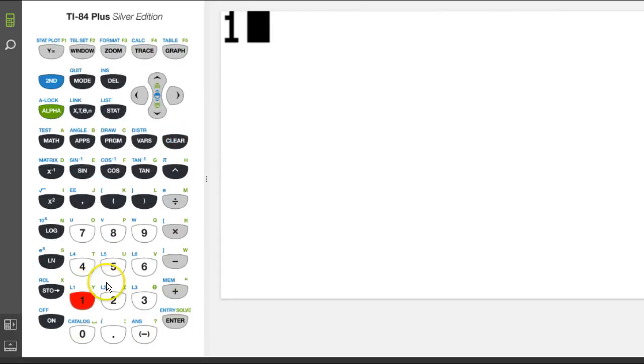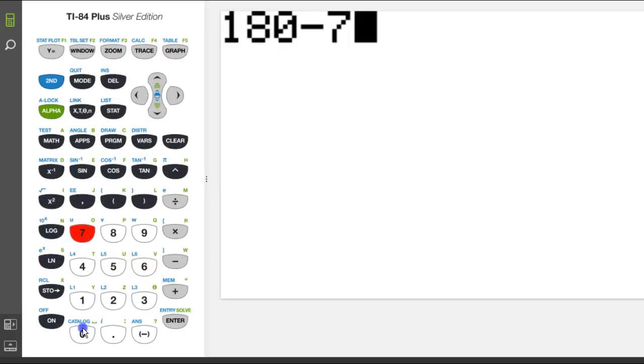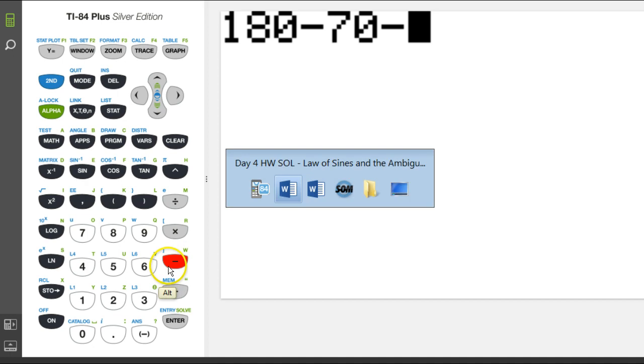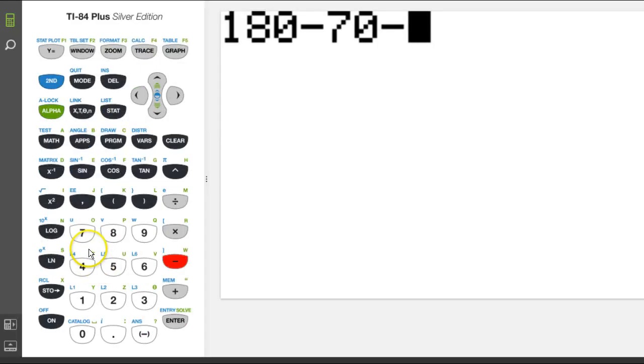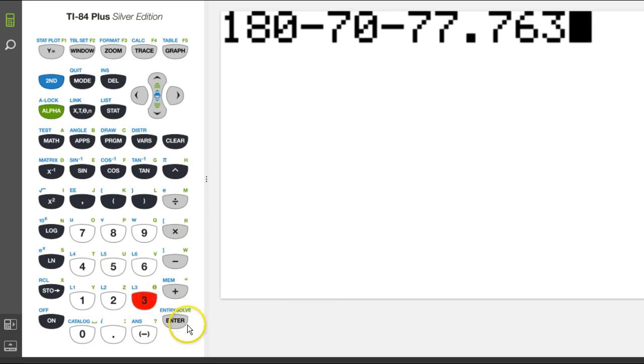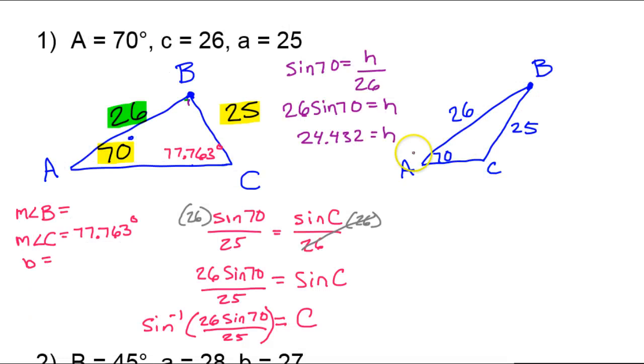Okay, so if I go 180 minus 70 minus 77.763, then I get 32.237 degrees.